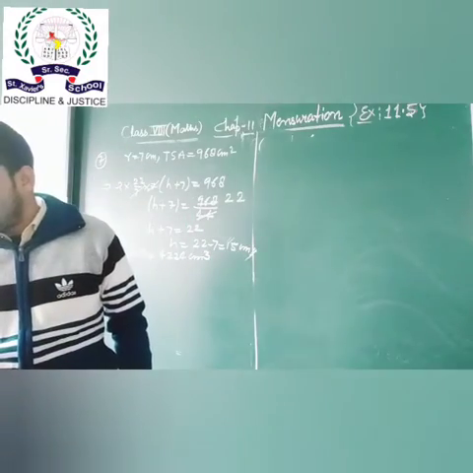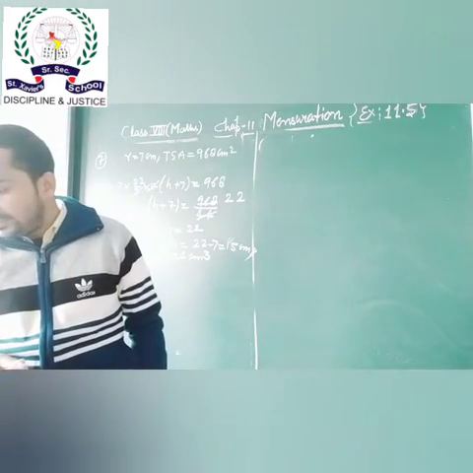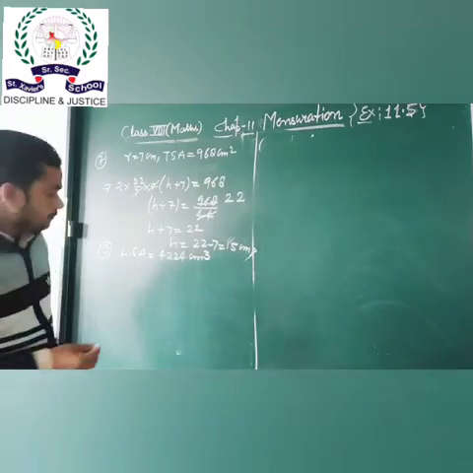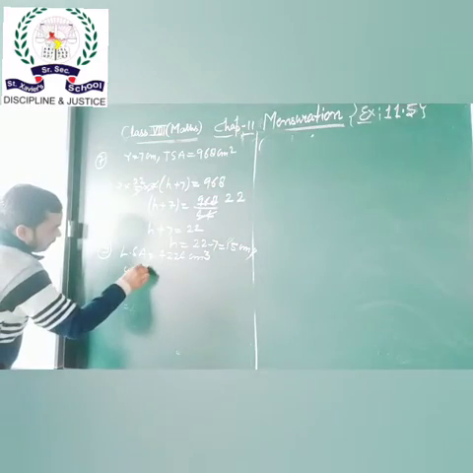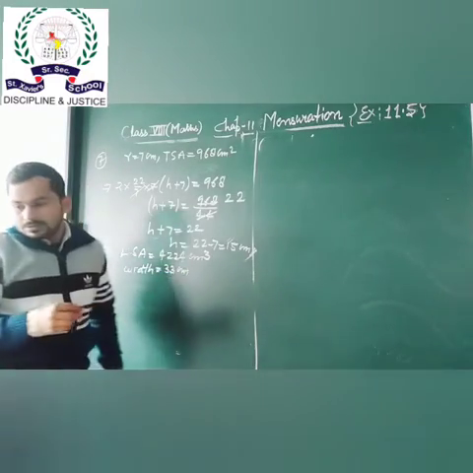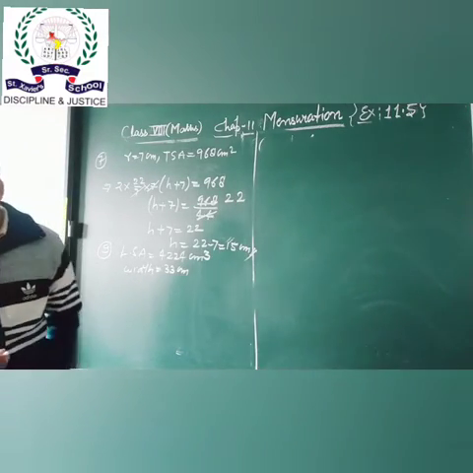It is cut along its height to form a rectangular sheet of width 33. Find the perimeter of rectangular sheet. So lateral surface area is given 4224. So width of rectangular sheet is given 33 centimeters. Then find the perimeter of rectangular sheet.